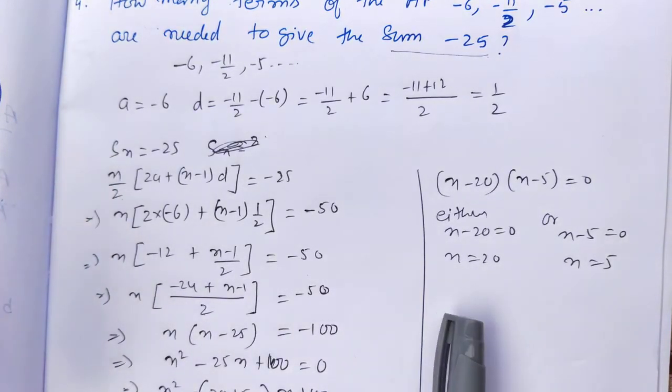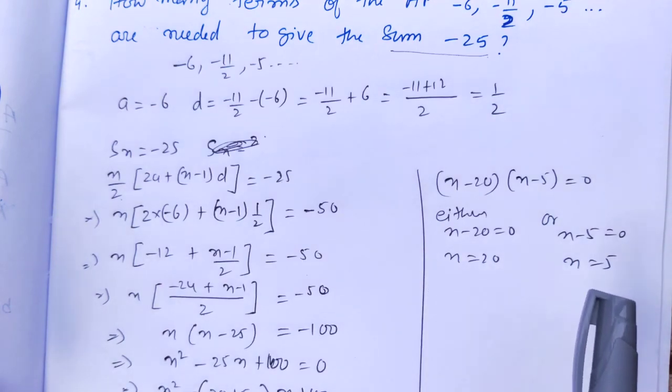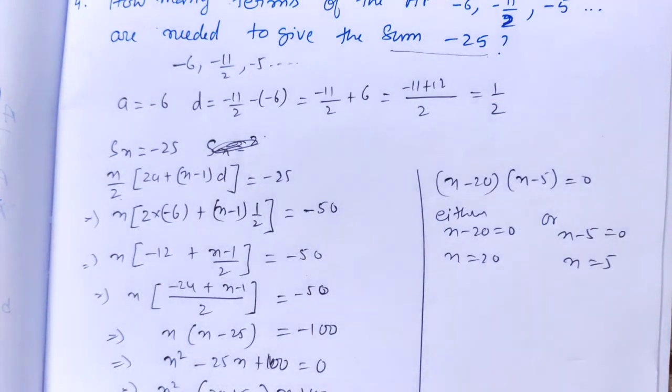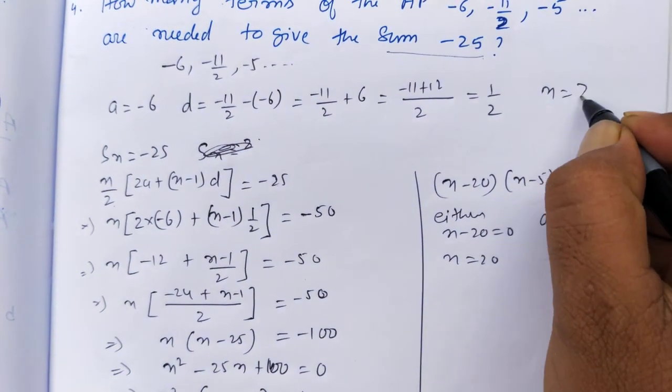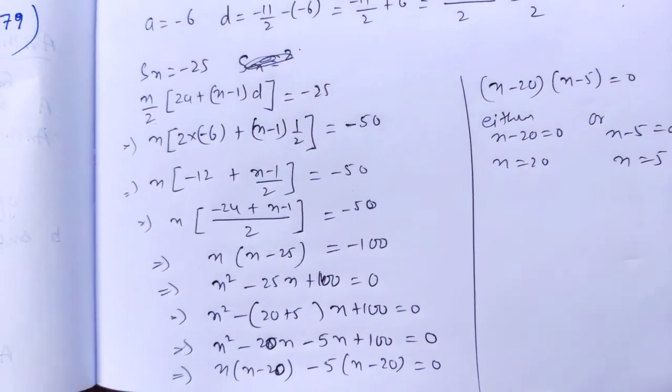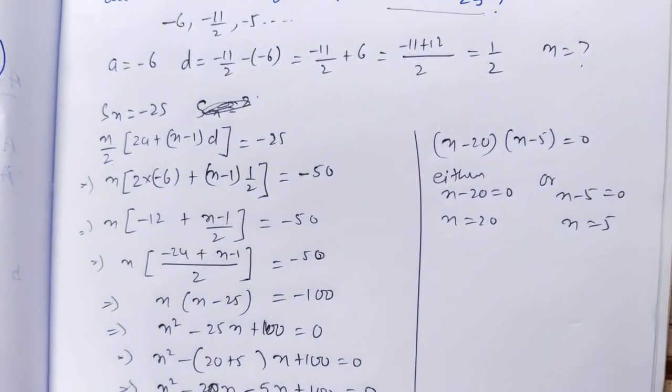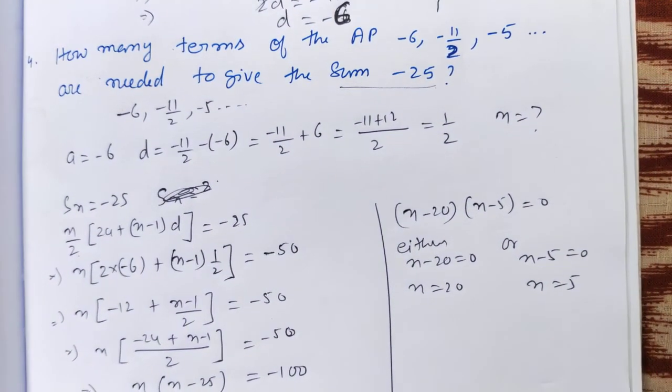So the number of terms will be 20 or 5. We got the number of terms. You can pause the video to write the solution. Thank you. Let's go to question number 5.